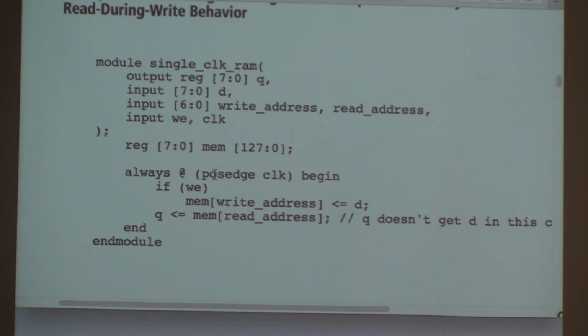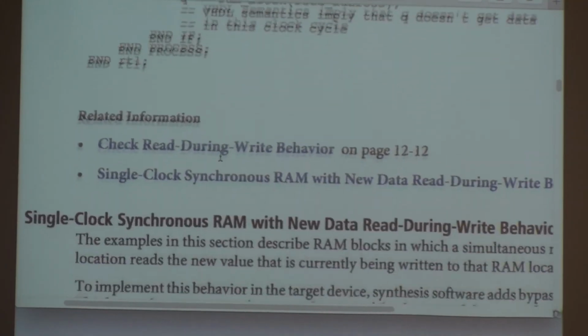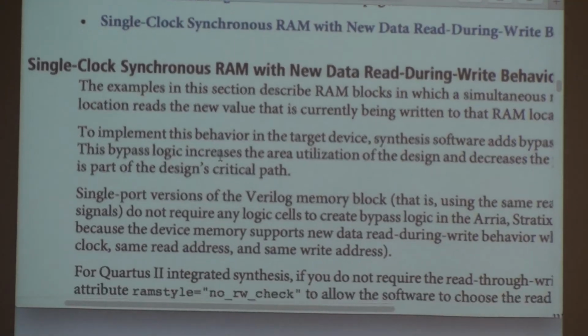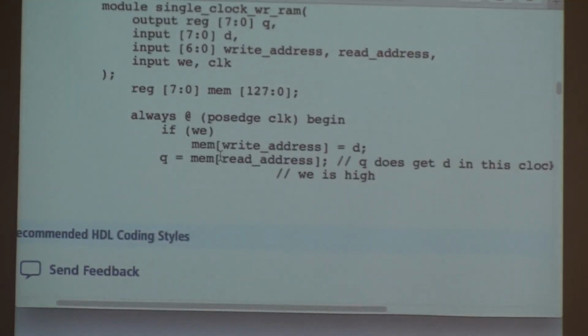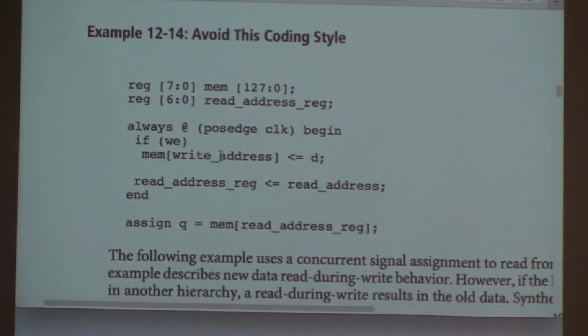You have to add those, the input pipeline registers. Otherwise, you get incorrect timing. So I think there's another example after this that has the pipeline registers in it. That's VHDL. I think it's towards the bottom. Avoid coding this style.